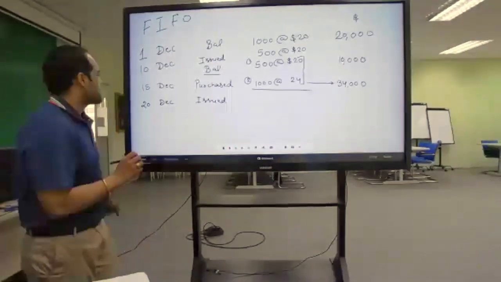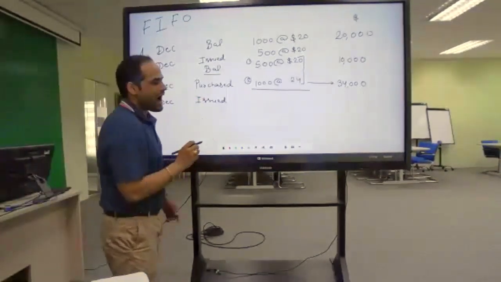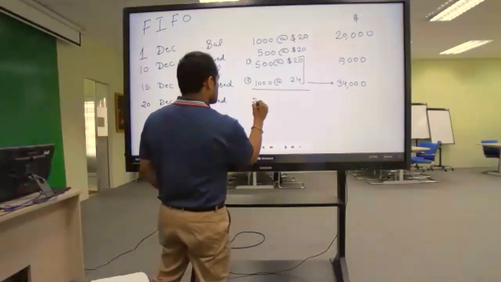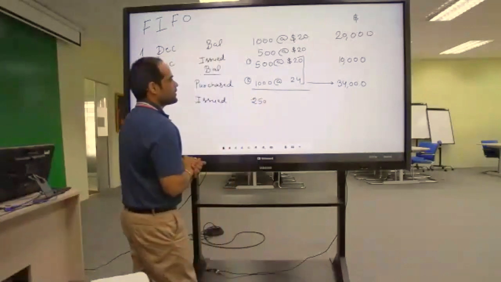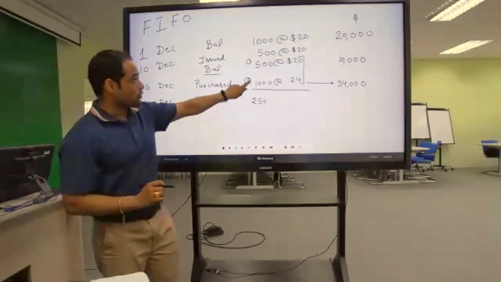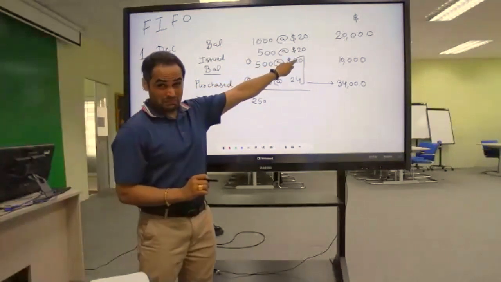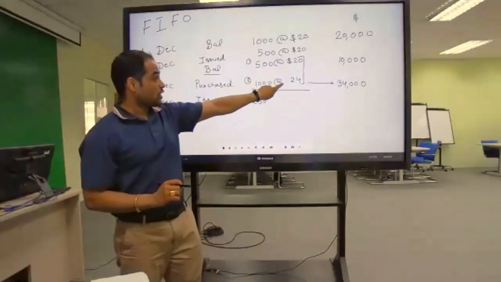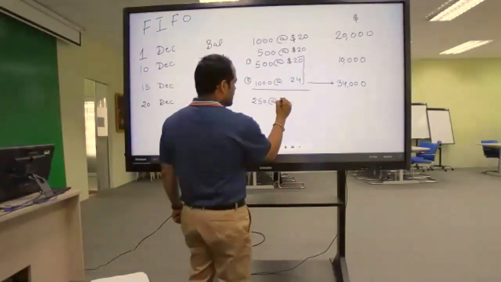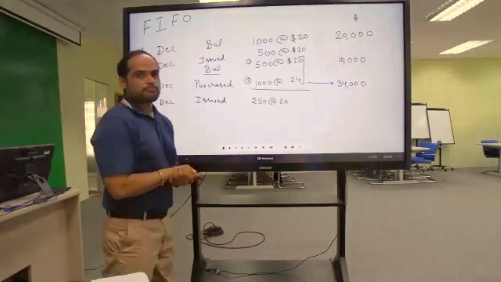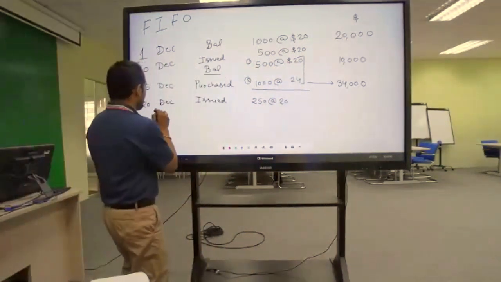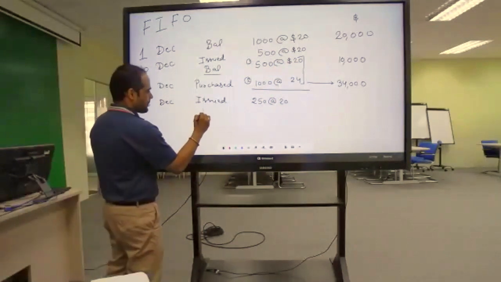So first in, first out, which means we will use this $20, not $24. So 250 multiplied by 20. And what will be the balance on 20th of December?